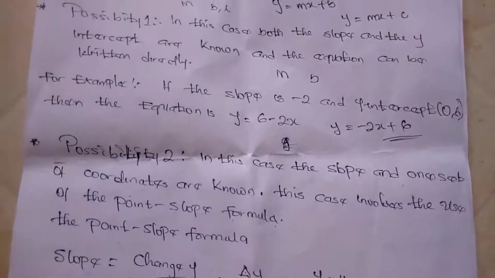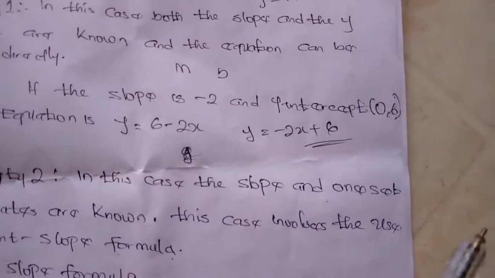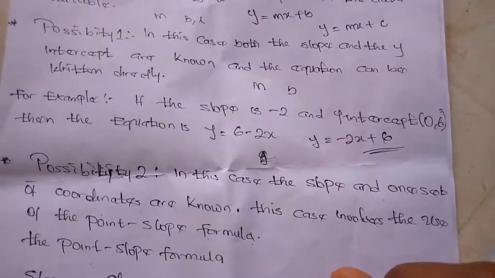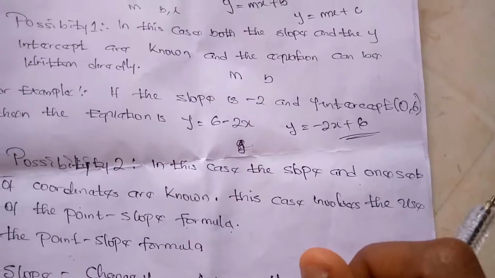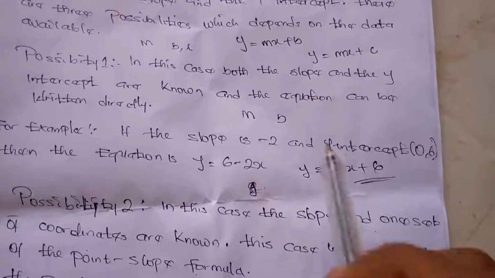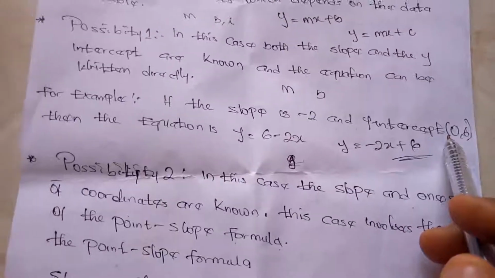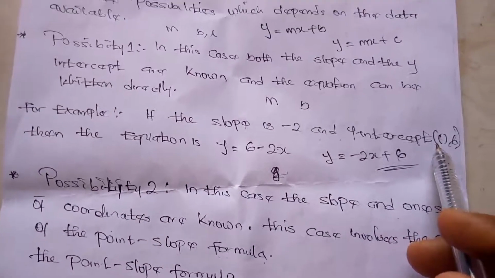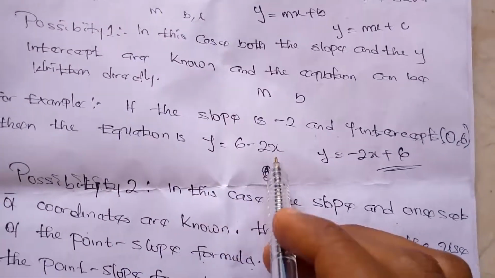For example, if the slope is -2 and the y-intercept is 6, then the equation is y equals 6 minus 2x.